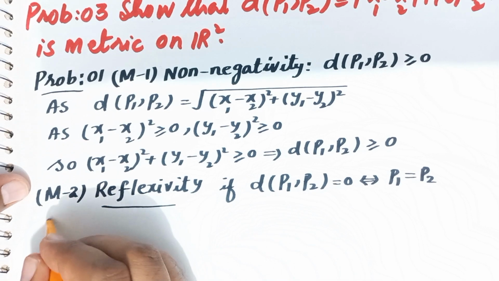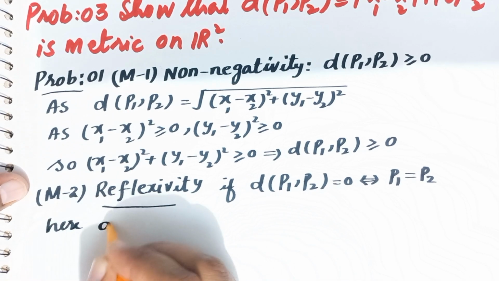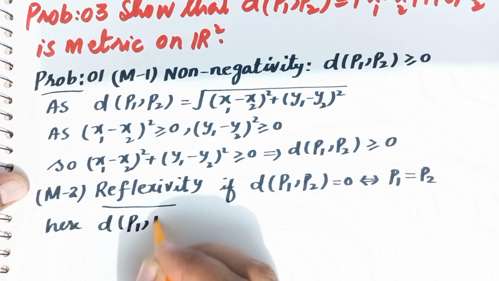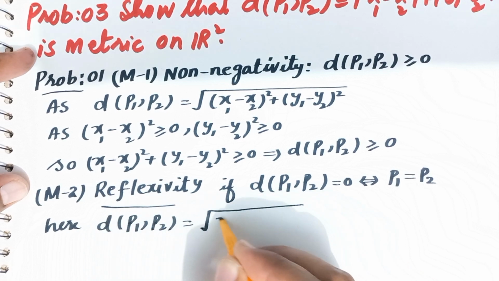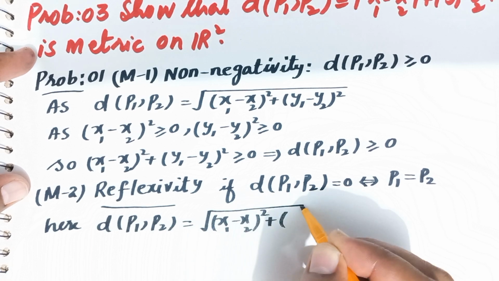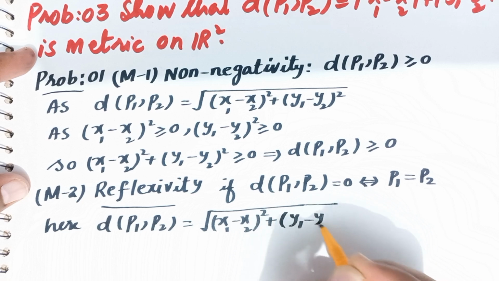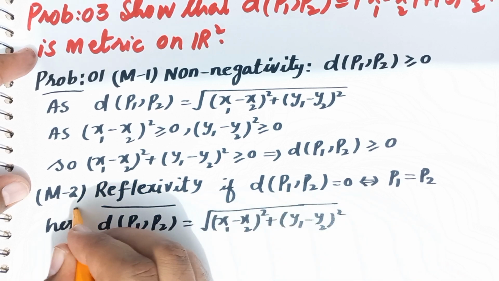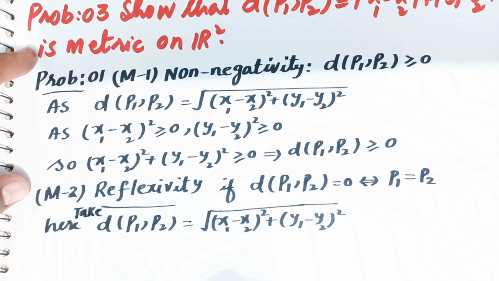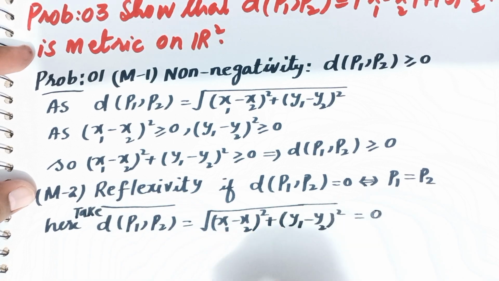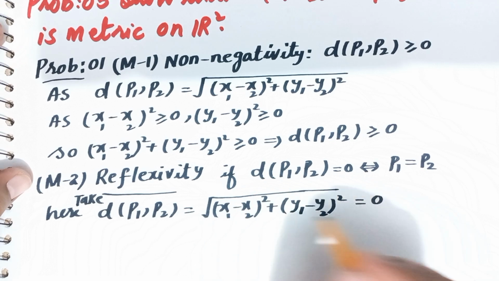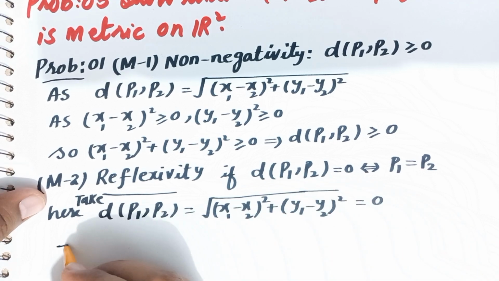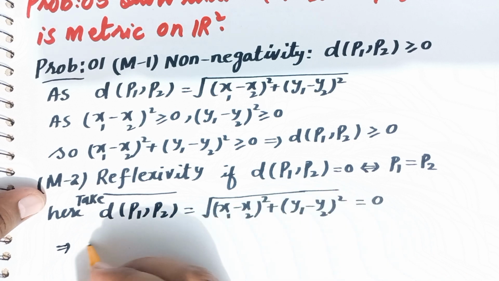So here D is equal to the square root of (x1 minus x2) whole square plus (y1 minus y2) whole square. So here take D equal to 0. As we know, the square root is equal to 0 only if the number inside the square root is equal to 0.